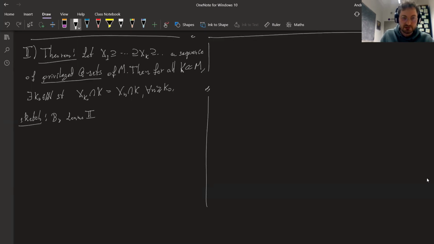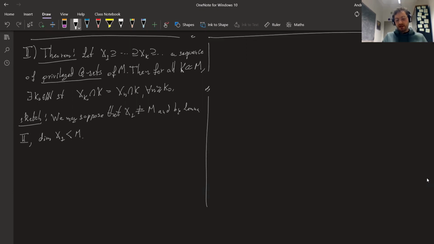We may suppose that X1 is not M, and by lemma 2, we know that the dimension of X1 has to be smaller than M. By lemma 2 and the uniformization theorem, we know that it has a well-defined dimension, and it has to be smaller than M, just by the result that we just saw.